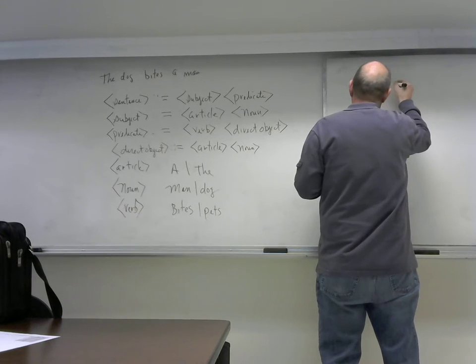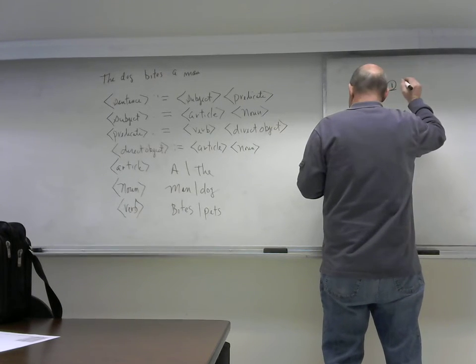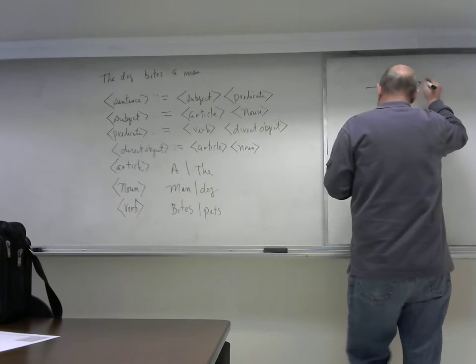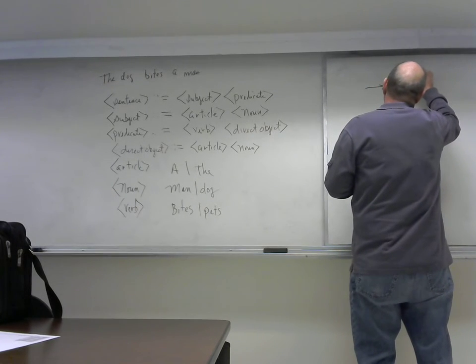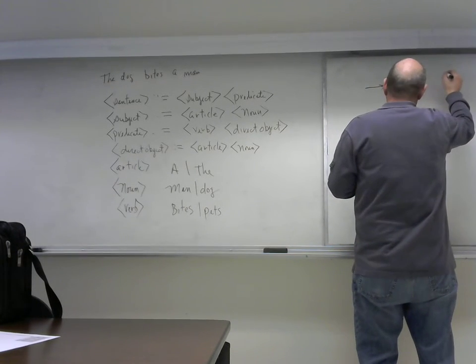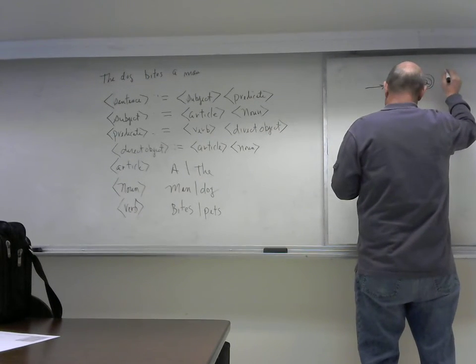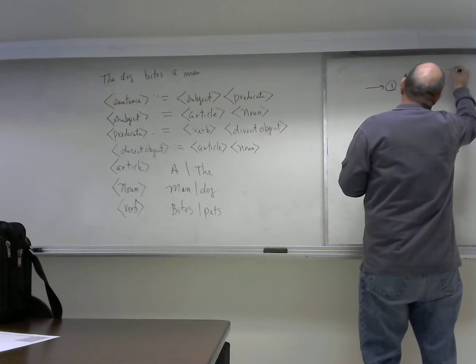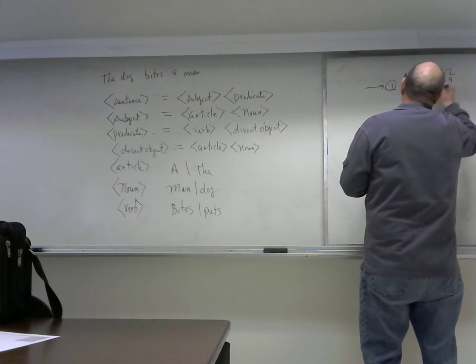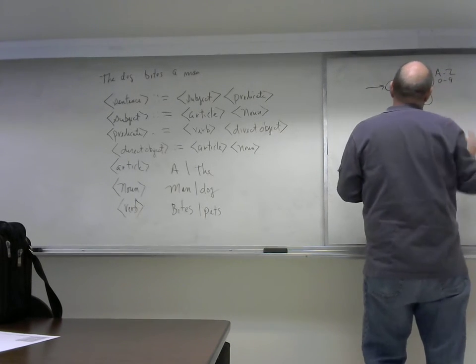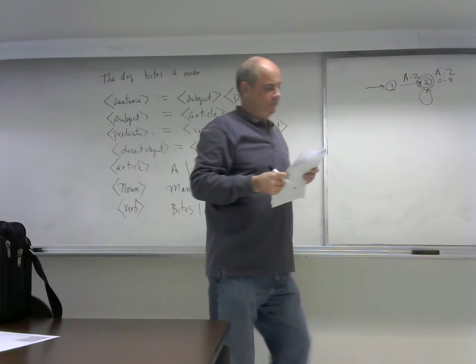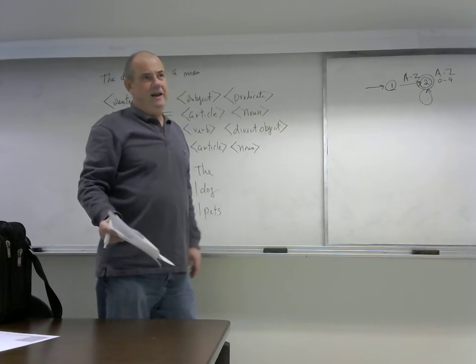You have an entry point, and then you have a directed graph essentially. Something like that. So you go from state to state.